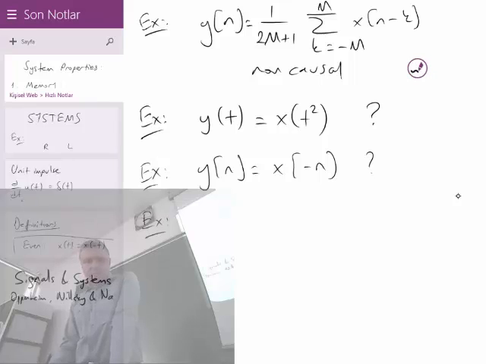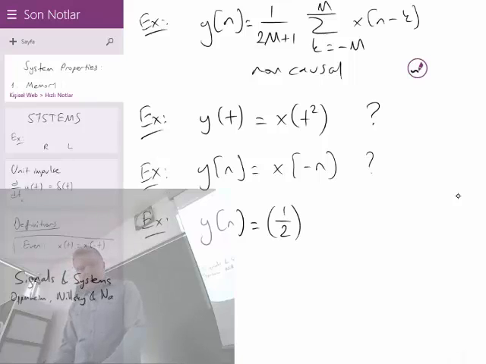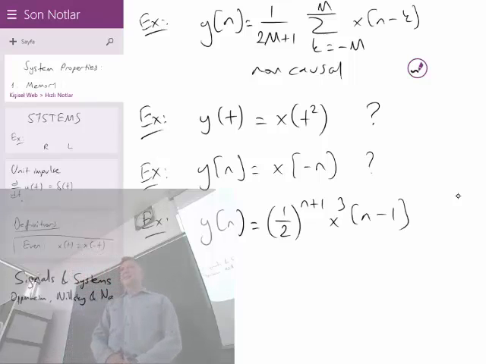Another example. y of n is equal to 1 over 2 to the power n plus 1, times x cubed of n minus 1. It's getting harder and harder. Is this causal or not?